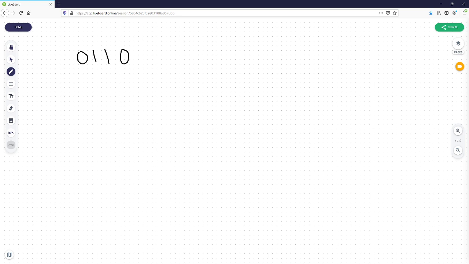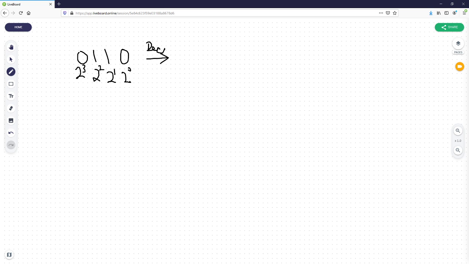So the point is here, this is going to be the 2 to the 0th place. This is the 2 to the first place. This is the 2 to the second place. And this is 2 cubed. And so when we want to convert this into decimal, what we're going to do is add up the ones, essentially.